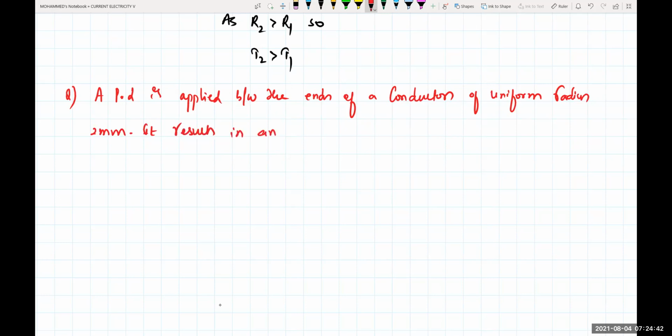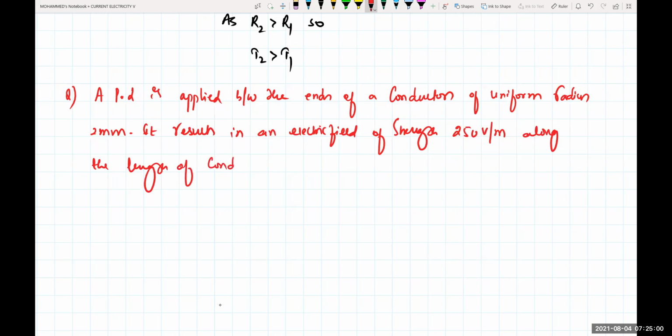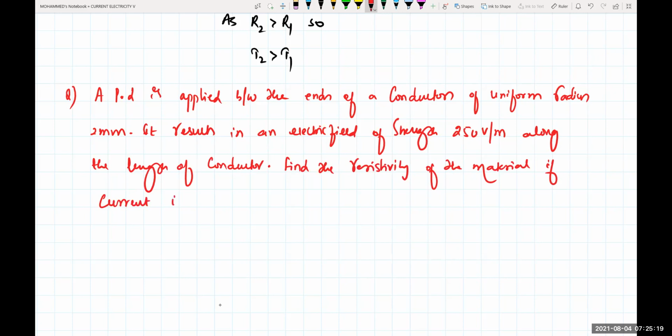It results in an electric field of strength 250 volt per meter along the length of the conductor. The question is, find the resistivity of the material if the current in the conductor is 2 pi ampere.